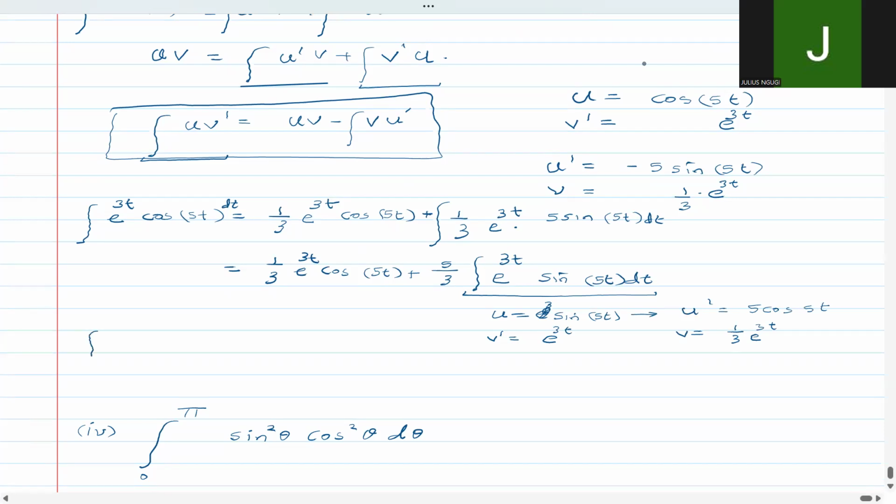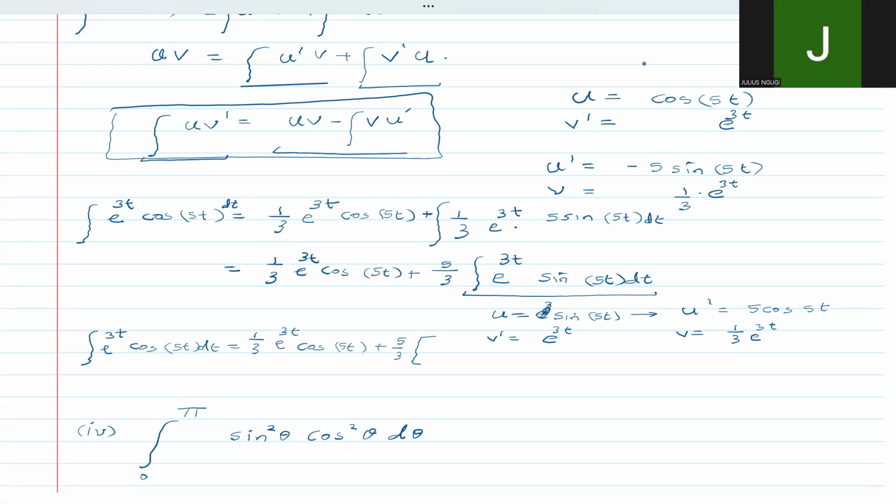So we have that now the integral which we started with, exponential power 3t cosine of 5t with respect to t, is going to be longer. It is equal to this part, which is not changing, a third exponential power 3t cosine of 5t, plus 5 over 3, and observe I use these square brackets. Derive the integral of exponential power 3t sine 5t dt, then I need to write this one, uv.